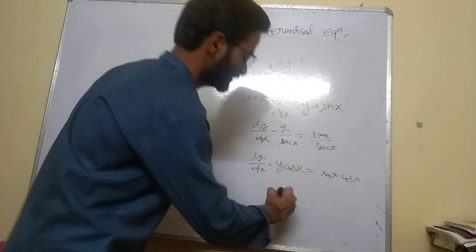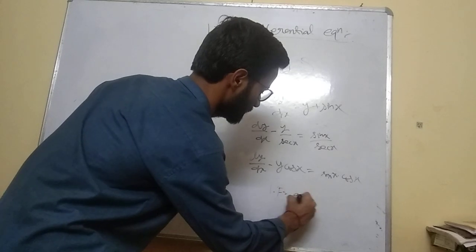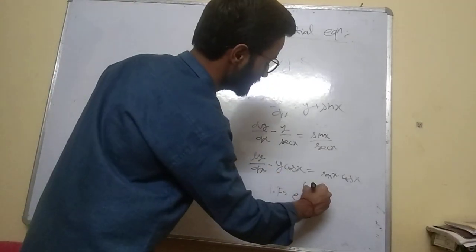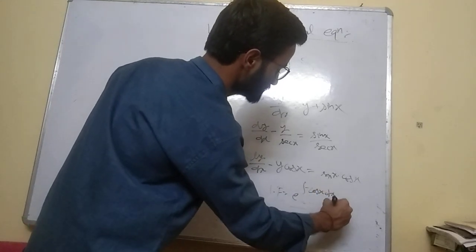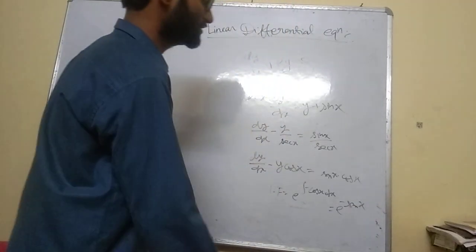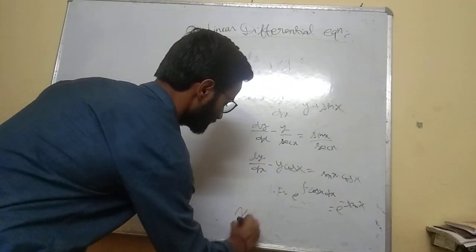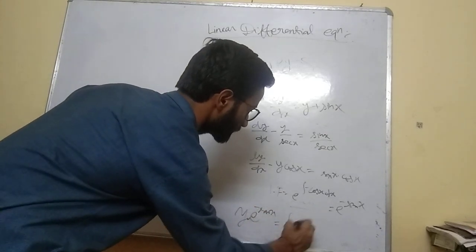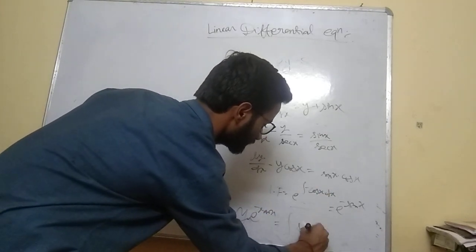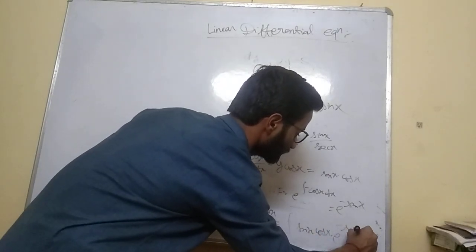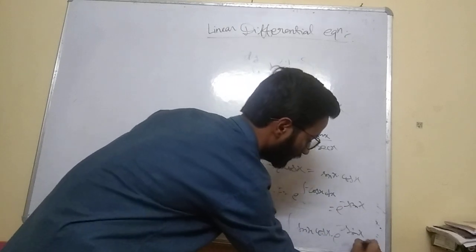Now you have to consider that P is equal to minus cos x. So the integrating factor will be e to the power integral of minus cos x dx, and this will be e to the power minus sin x. So this will be y times the integrating factor e to the power minus sin x is equal to the integral of Q, sin x cos x, times e to the power minus sin x, dx plus c.